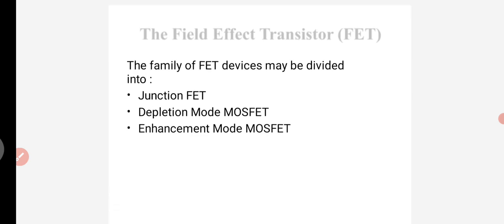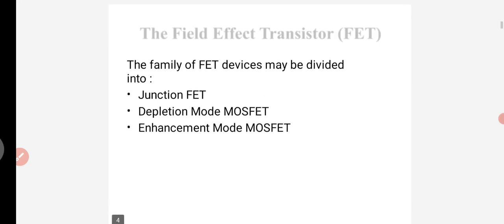Now we discuss the field effect transistor families. The family of FET devices may be divided into junction FET, depletion mode MOSFET, and enhancement mode MOSFET. That means the families are the junction field effect transistor, the depletion mode metal oxide semiconductor field effect transistor, and the enhancement mode MOSFET.